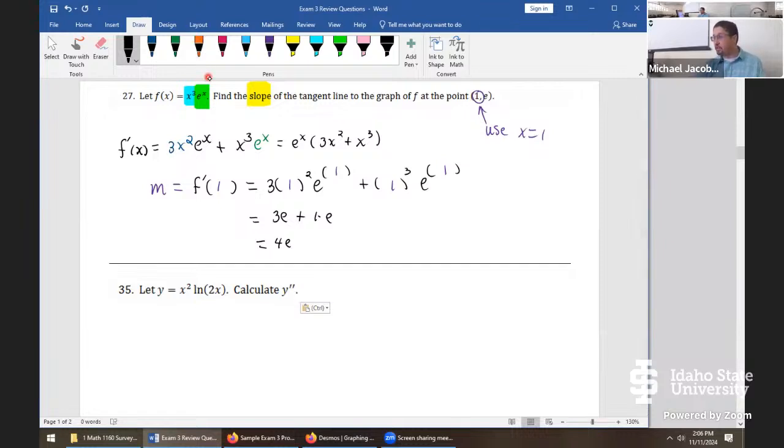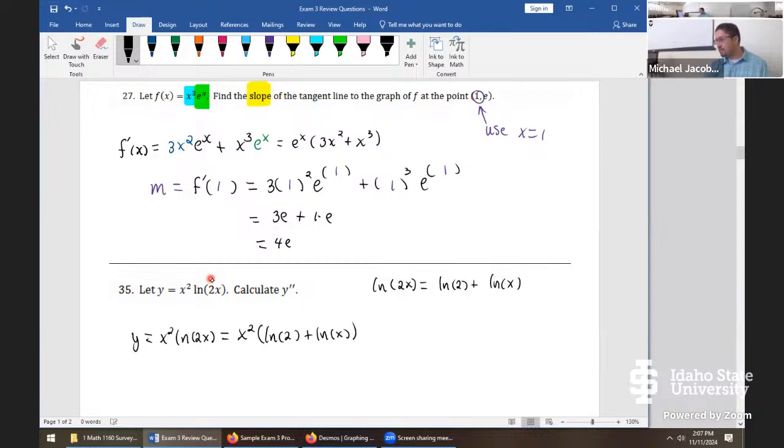our effort. So we could say that natural log 2x is the same as natural log of 2 plus the natural log of x. If we use that information, we could rewrite y, x² natural log 2x, as x², using the properties of logarithms, natural log 2 plus natural log x.